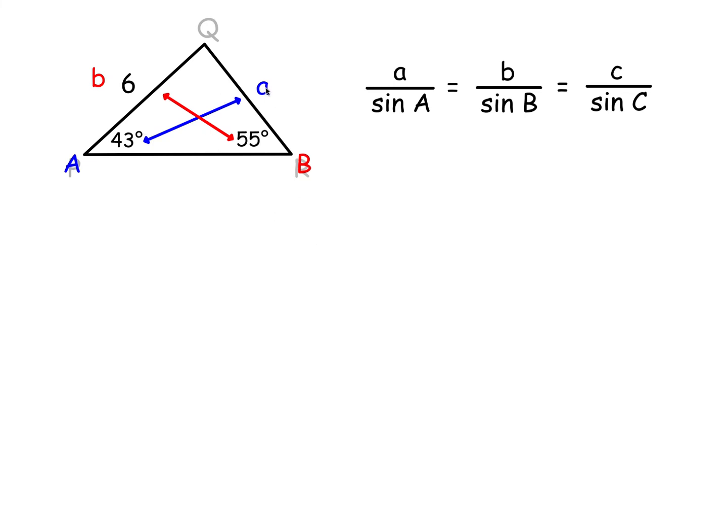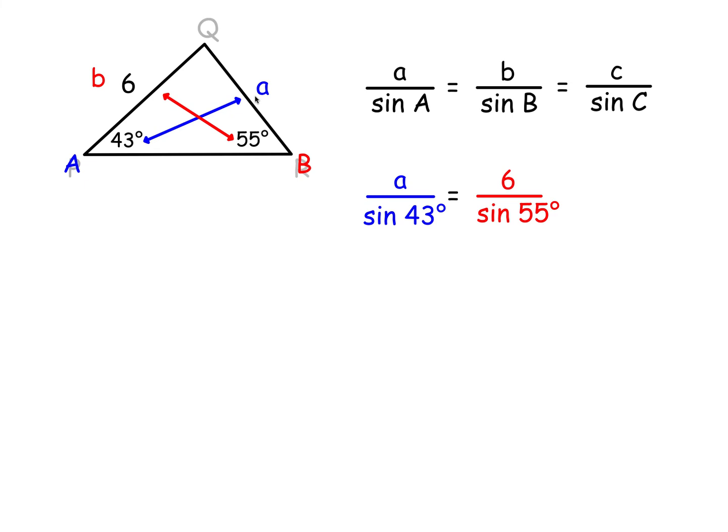Now I'm going to put the 43 degrees as A because it's on the left here, and I want the letter I'm trying to find out to be in the top left because the equation is easier to solve that way. And the pairing I know I've made the B. So there's 6 and sine 55 in red.